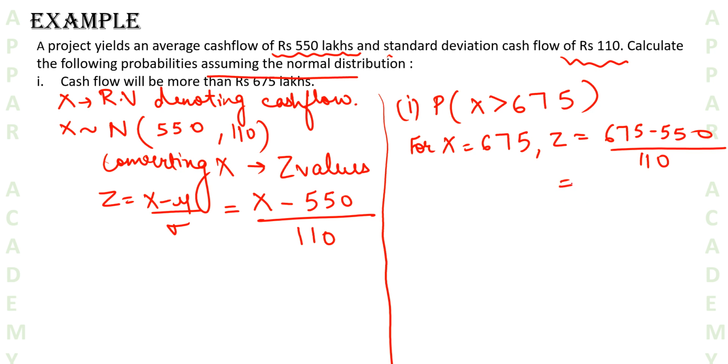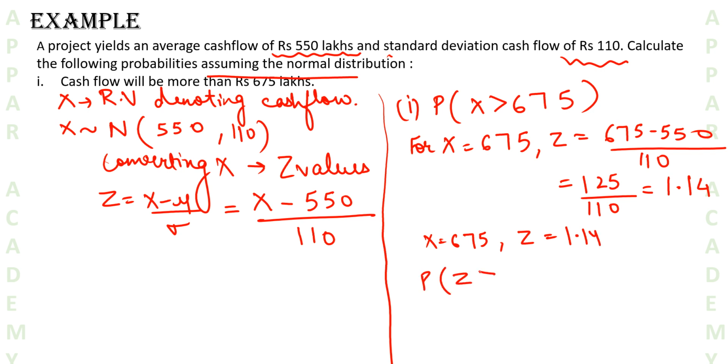Yes or no? And this is simply 125 upon 110, which becomes 1.14. So for X equal to 675, Z is equal to 1.14. Now we need to find the probability that Z is greater than 1.14.